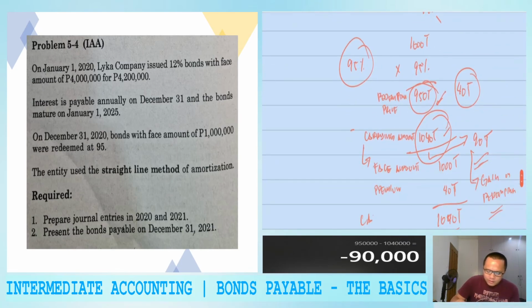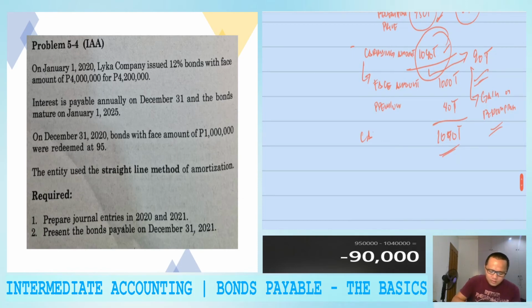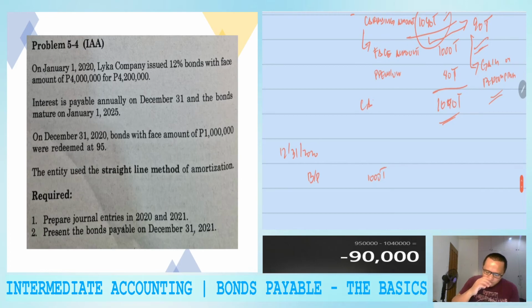Now, to recognize that, sa journal entry natin on 12/31/2020, debit bonds payable of 1 million. Then, debit premiums on bonds payable, which is itong 40,000.